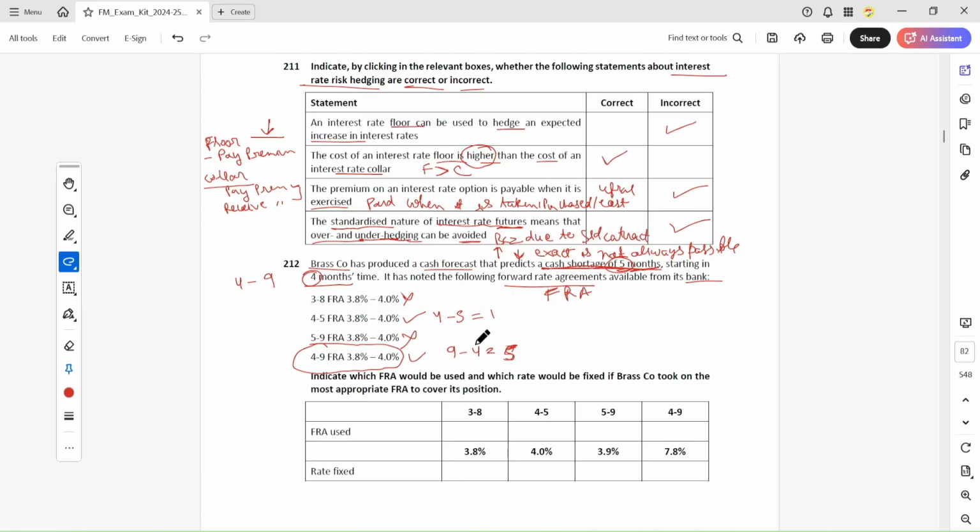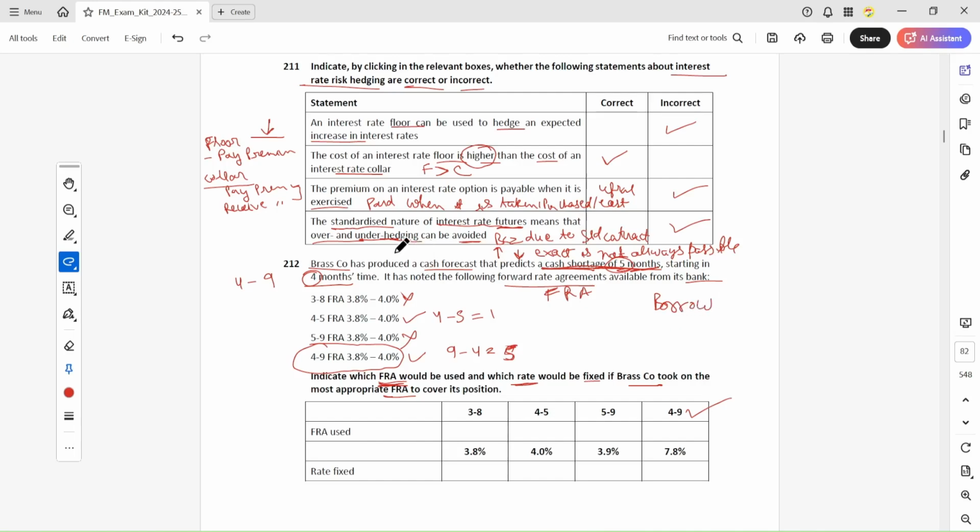Okay, so next, indicate which forward rate agreement would be used, and which rate would be fixed if Brass Company took on the most appropriate FRA. So which FRA for 9 and which rate? Because we have a cash shortage, so we have to borrow in order to pay, right?